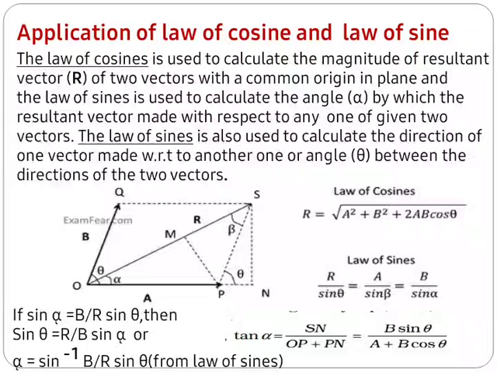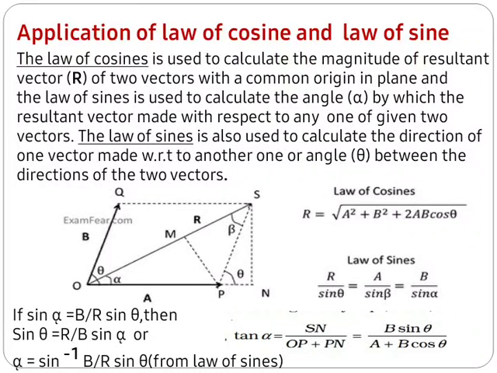This slide gives the mathematical form of law of cosines and law of sines, and also gives the angle alpha or the direction by which the resultant vector R made with respect to any one of given two vectors, which is given by the expression tan alpha is equal to b sin theta divided by a plus b cos theta.